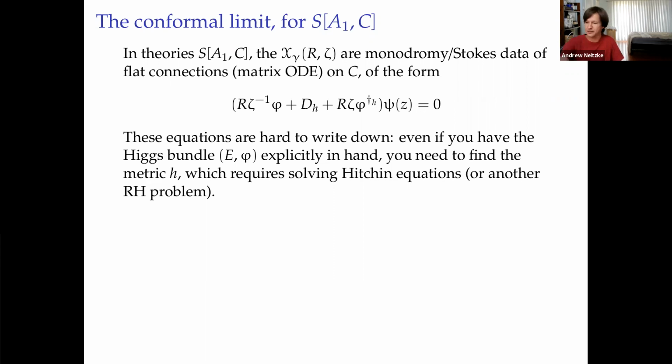I have to do that before I can even write down the differential equation that I'm studying here. Okay, that's still interesting. For the hyperkähler geometry of the Hitchin system, that's actually what you want. But you know, in the theory of flat connections, it looks maybe like an unpleasantly complicated thing to be learning about.